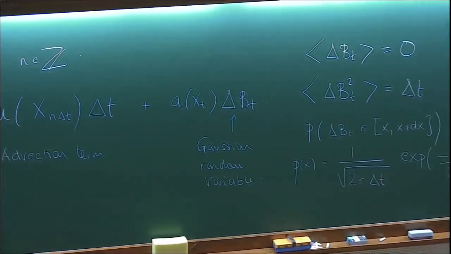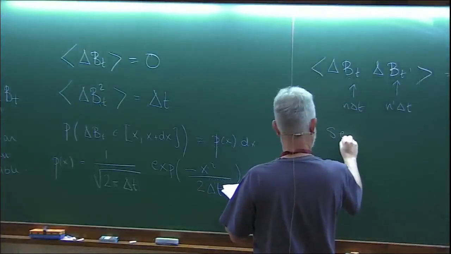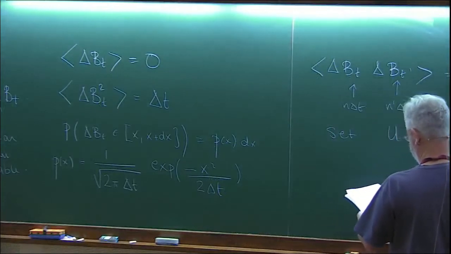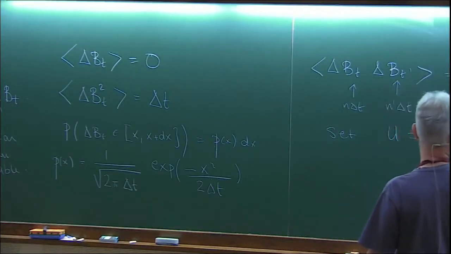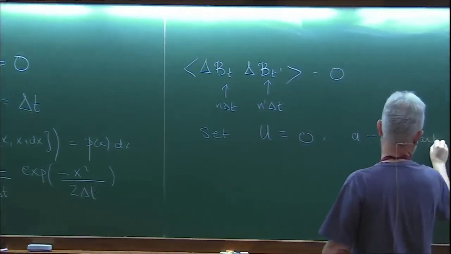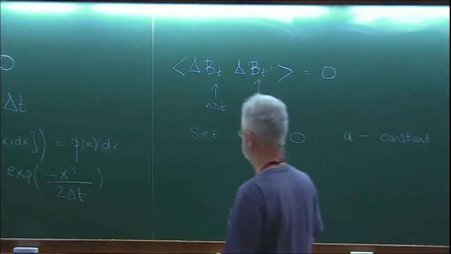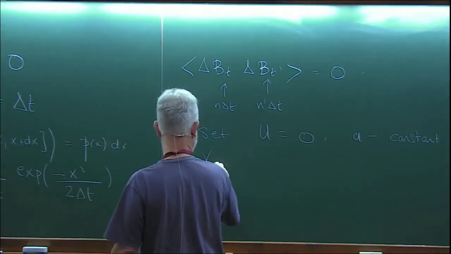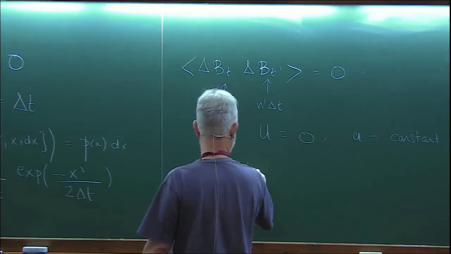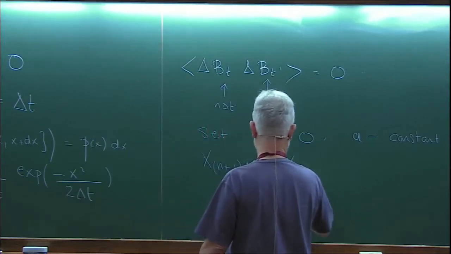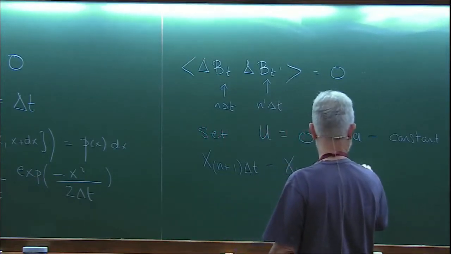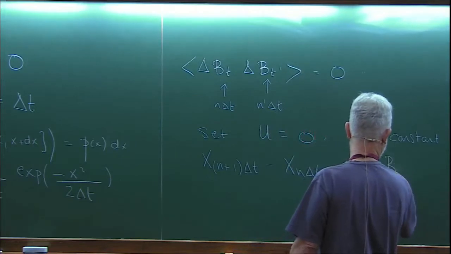If I set the drift equal to 0, and I take a to be a constant, so I'm just looking at the simplest case. My difference equation now is x of n plus 1 times delta t minus x of n times delta t is equal to a times delta b of t.